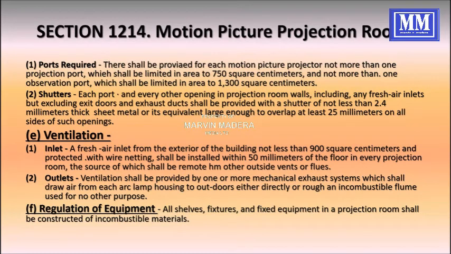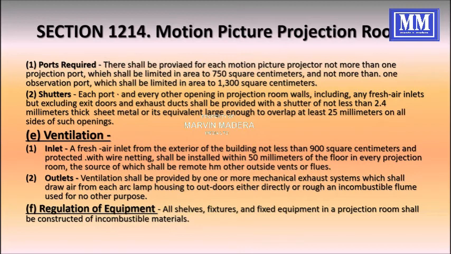As for ventilation, a fresh air inlet from the exterior of the building, not less than 900 square centimeters and protected with a netting, shall be installed within 50 millimeters of the floor in every projection room, the source of which shall be remote from other outside vents or flues.